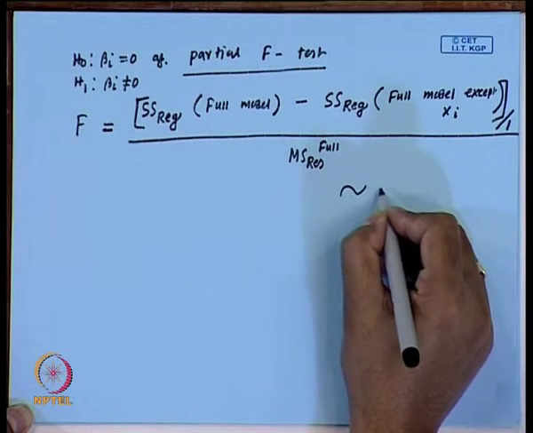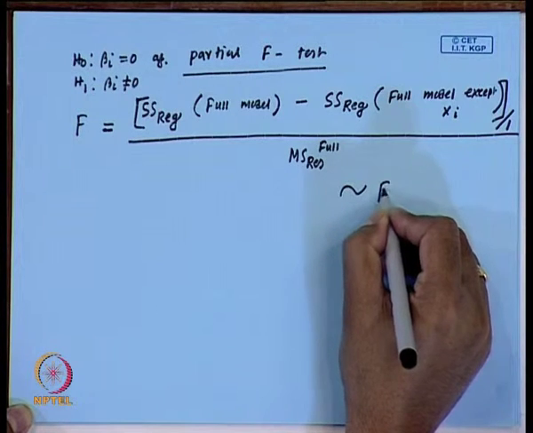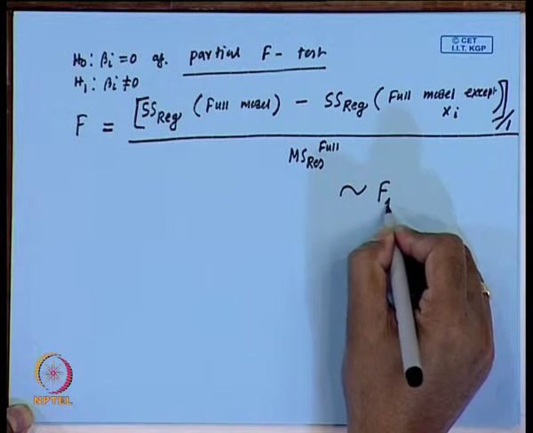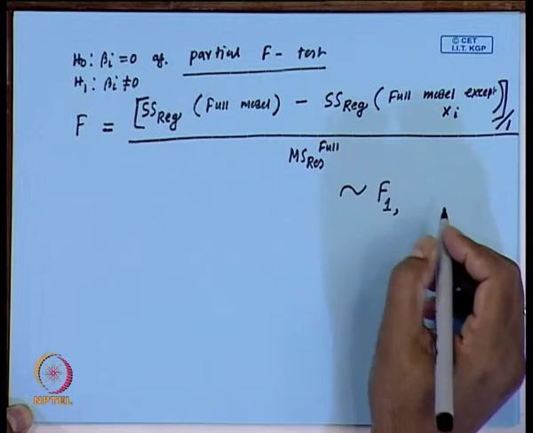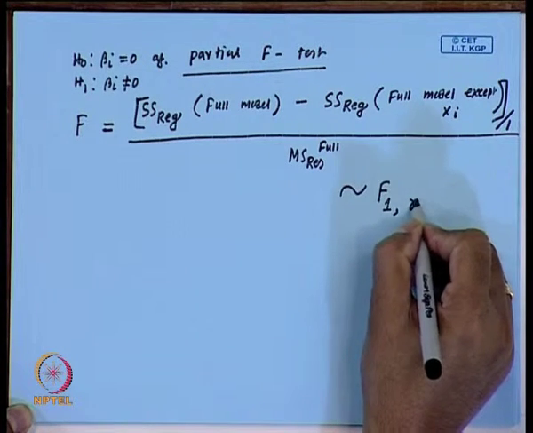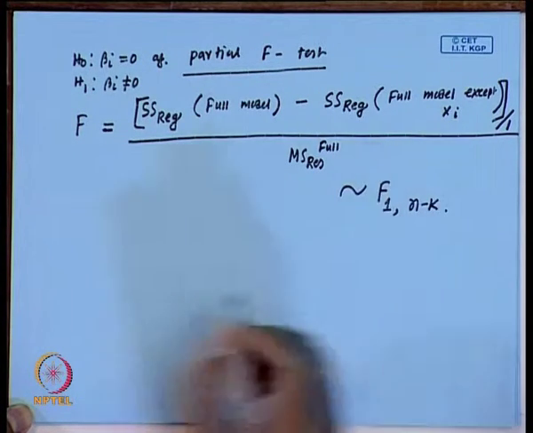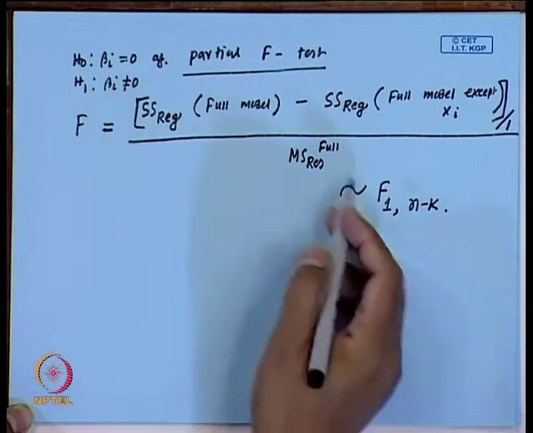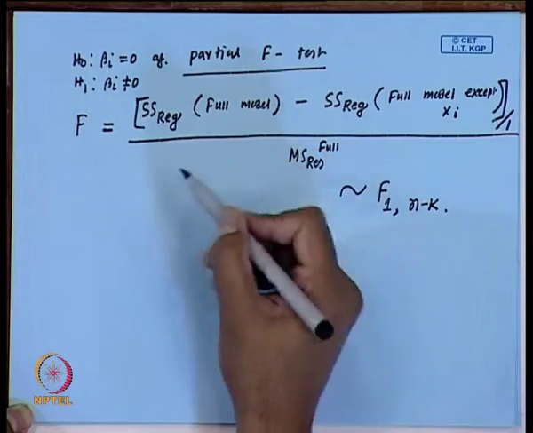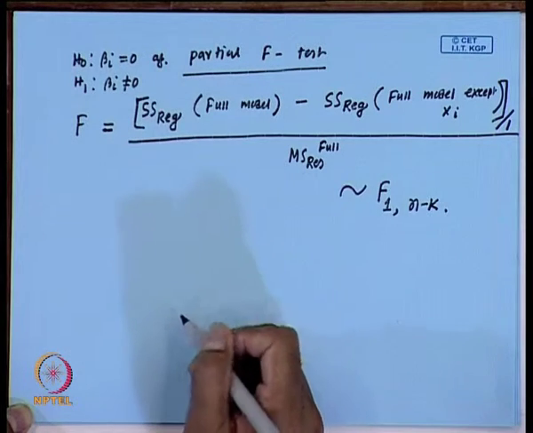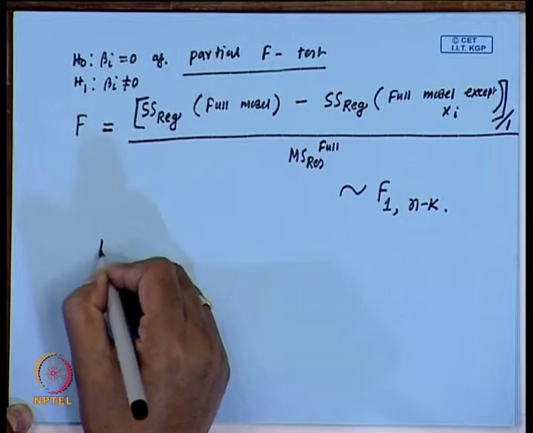This follows an F distribution with degrees of freedom 1 and n minus k. This is called the partial F test statistic.